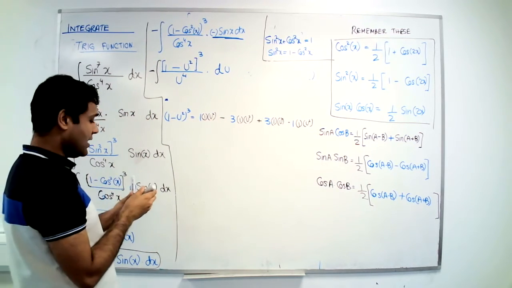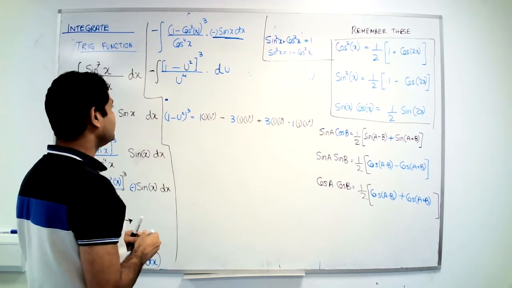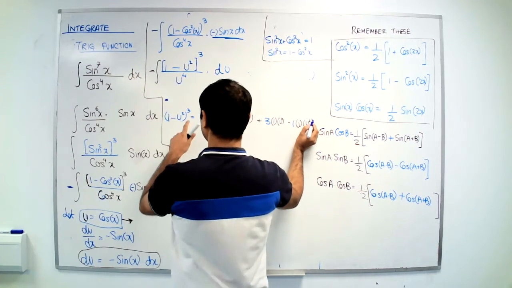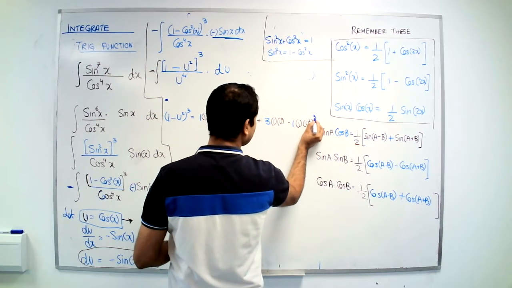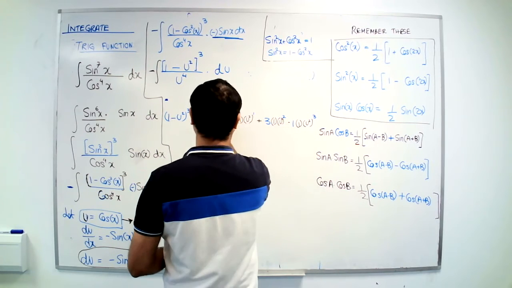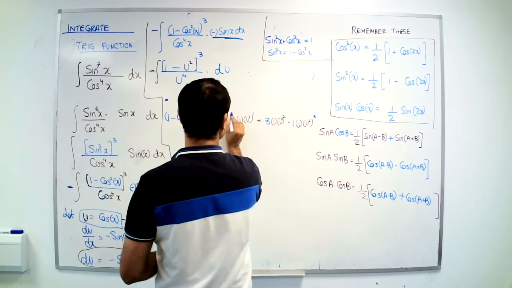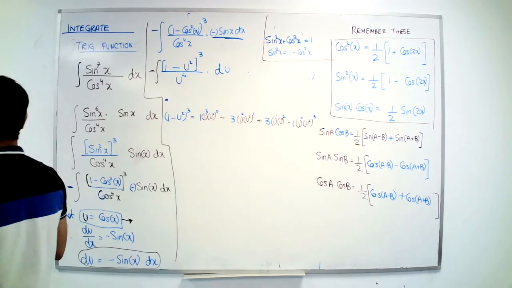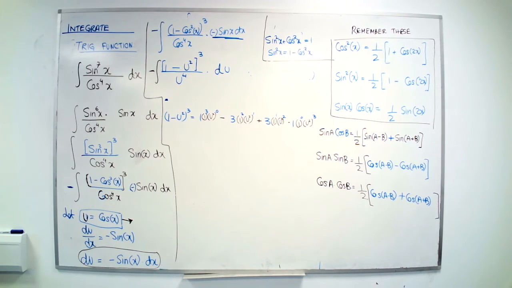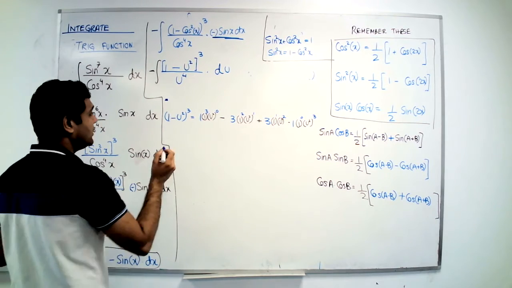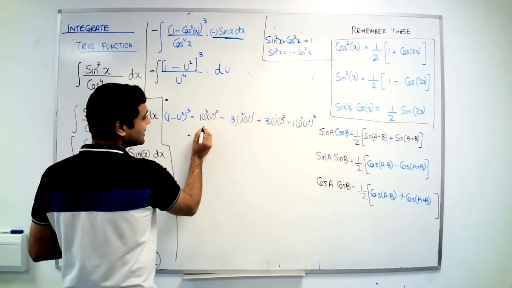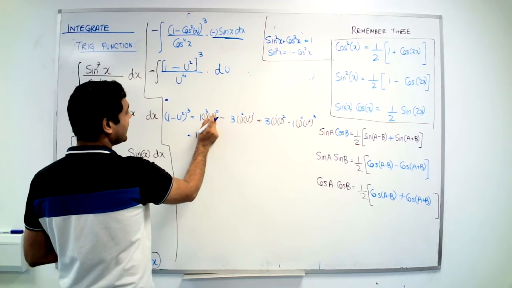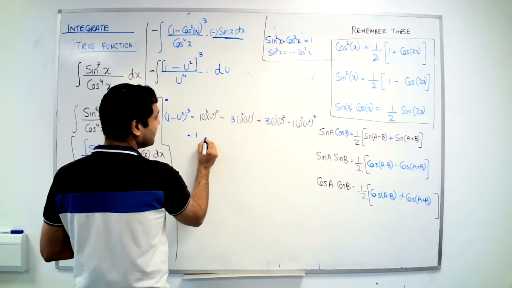I do it straight away. After that, this is what you're going to do. You start from here, whatever power is there, you write it down. 3, 2, 1, 0. Again, 3, 2, 1, 0. Then what you do is, you simplify. 1 cubed is just 1. u squared to the power 0 is just 1.